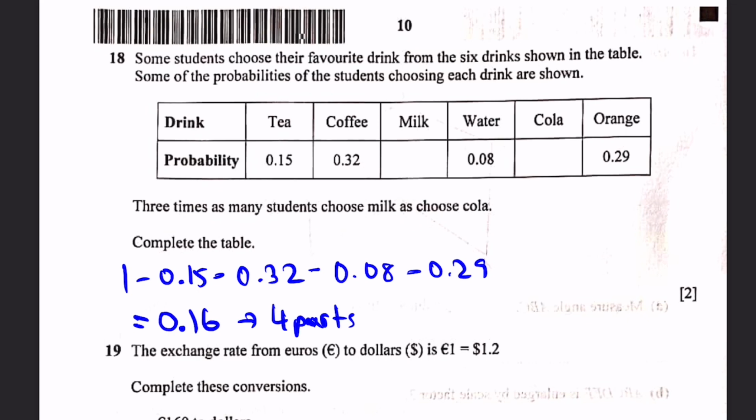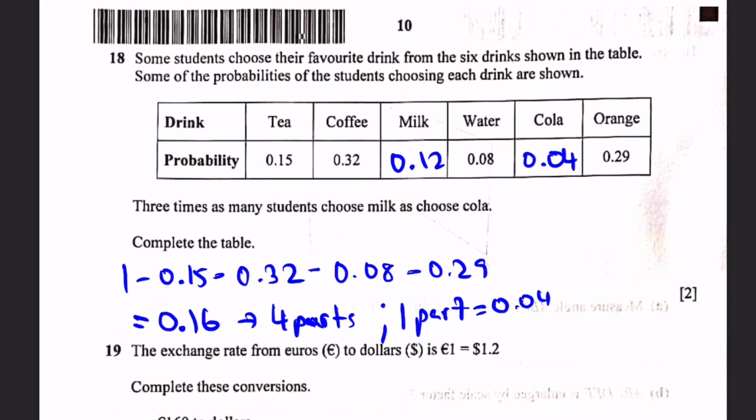So that means 3x chooses milk and x chooses cola. That x is 1 part, and so 3 times 1 part is 3 parts, and that's the amount for milk. So 3 plus 1, 4 parts. 1 part equals 0.04, and therefore you can write cola as 0.04. Milk is 0.04 times 3, which is 0.12.